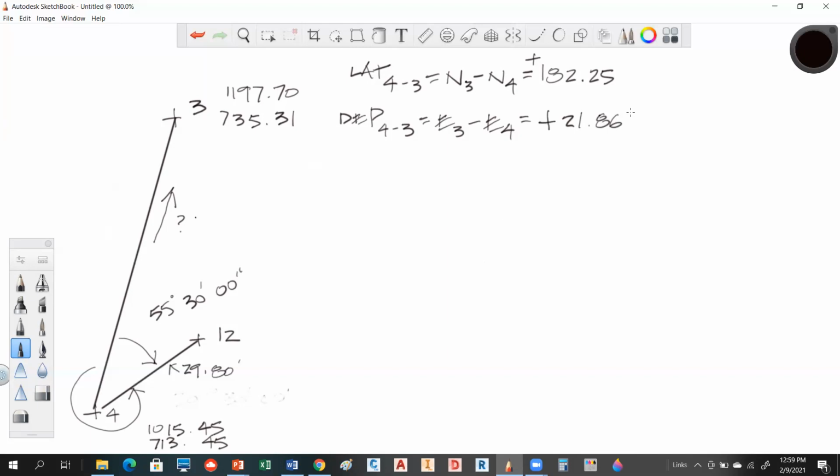Yeah, I do. Yes. So again, this is nice because this is telling me positive that my bearing is northeast, right? So my bearing 4 to 3 is the arctangent of the departure 21.86 over 182.25. Departure over latitude. Did I do that right? Yeah.